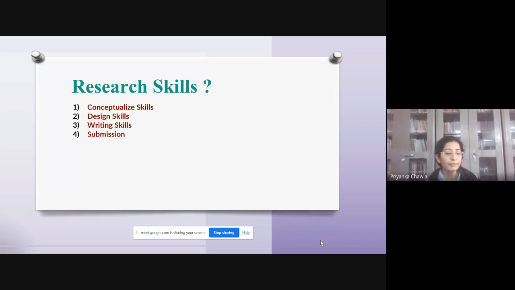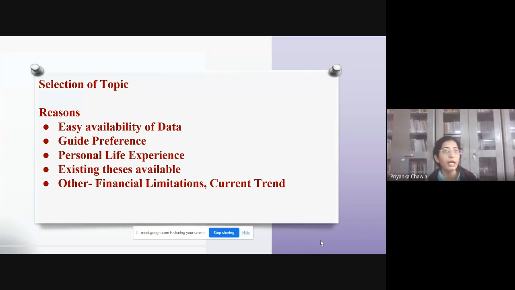So the very first thing which we face is how to select a topic. Generally, only those topics are selected which are easily available. Sometimes we select topics on Shodh Ganga which are easily available, or a spouse, where the husband is already working and the wife is searching on the same topic.